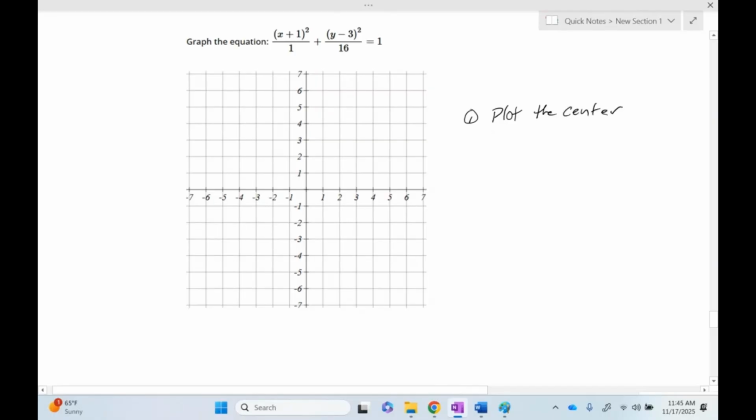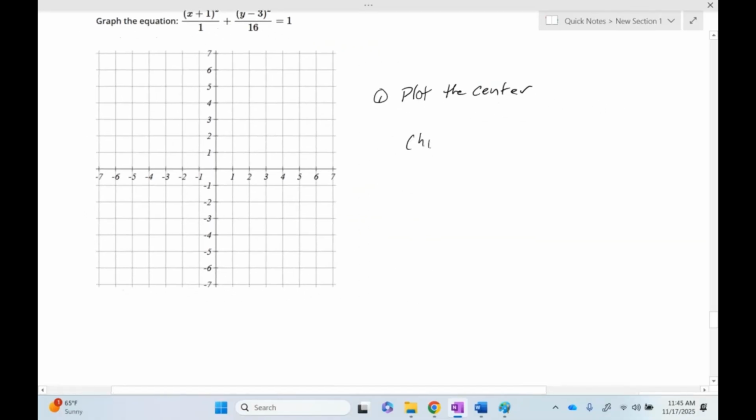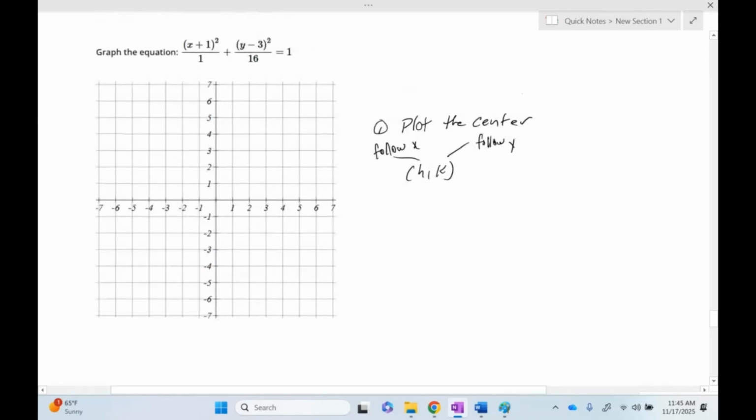So what is the center? Remember, the center has the coordinates h comma k. H follows x and k follows y. And remember, the signs are going to change.